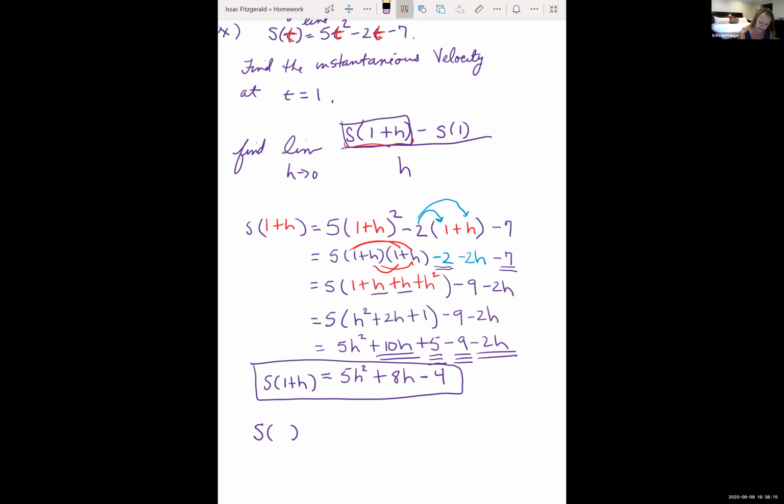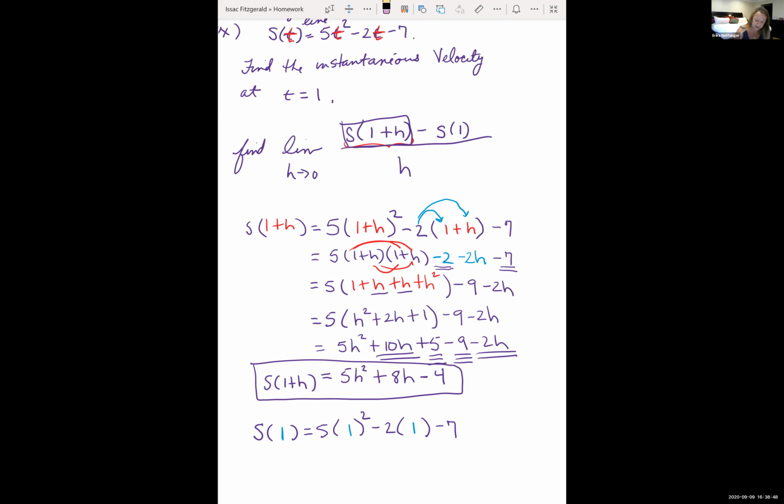So S of 1, that's telling me to go in wherever I see a t in that function S of t. I'm going to put a parentheses and I'm going to replace it with a 1. And so this is equal to 5 times, I see a t there, so I'm going to put parentheses. That t is going to be squared. So -2, I see a t there, so put parentheses -7. Place wherever you saw the t, where we put the parentheses with a 1.